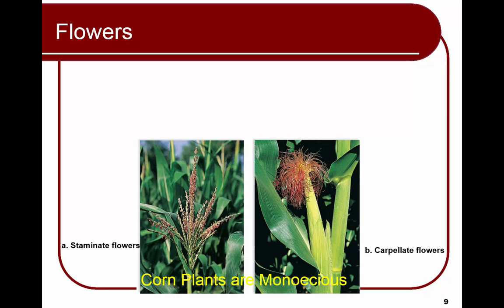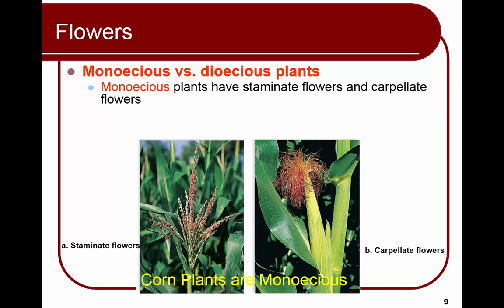Here you've got some corn plants, and we're going to look at monoecious versus dioecious. Monoecious plants have the staminate flowers and the carpellate flowers on the same plant. It's one house for the male and the female, the stamen and the carpel.